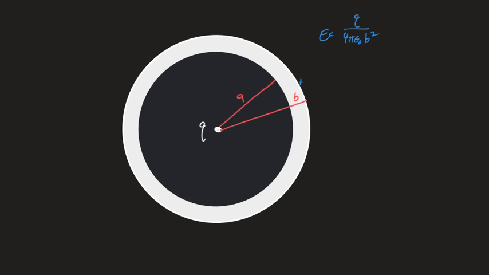And I also know that the inner edge of the conductor will have charge negative Q, and the outer edge of this conductor will have charge positive Q. That has to be true as well, because the positive charge on the inside will pull an equal amount of charge, so that when I do a Gaussian surface inside the conductor, I can show that the enclosed charge is 0. All of that sound familiar?